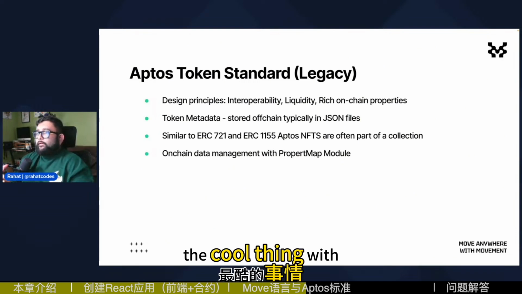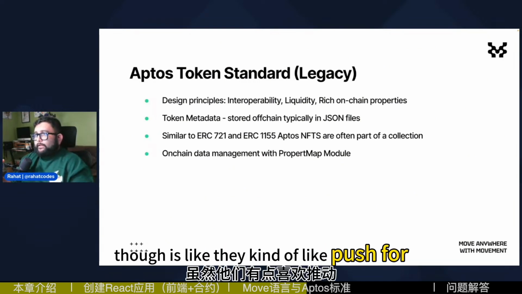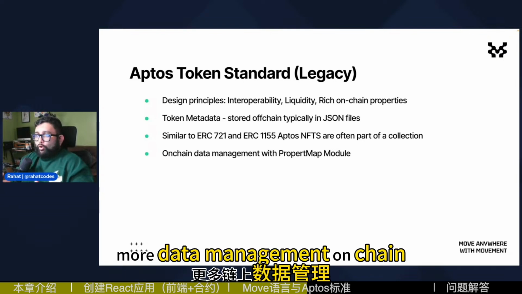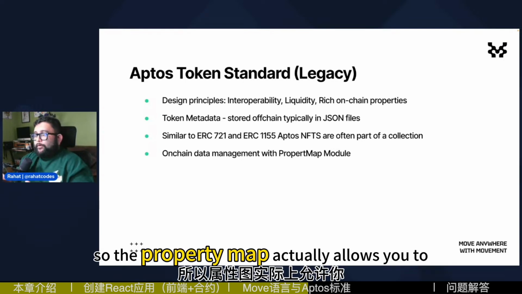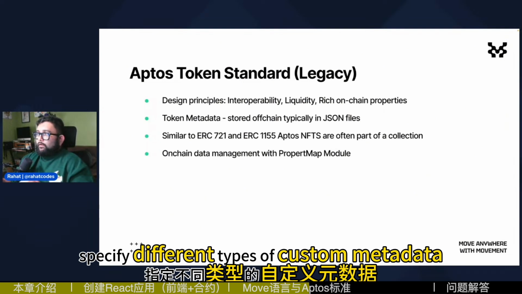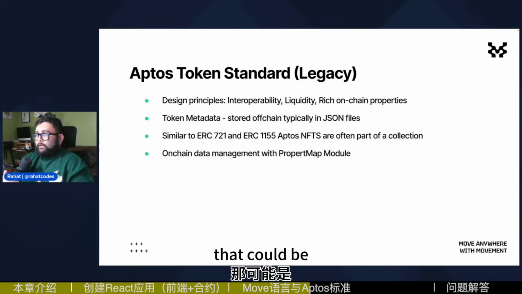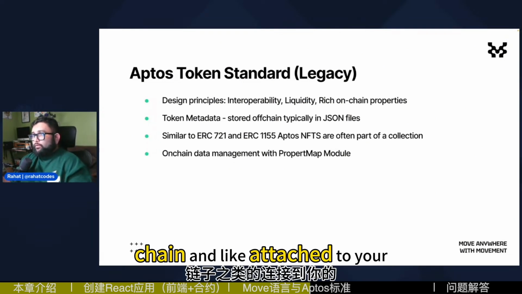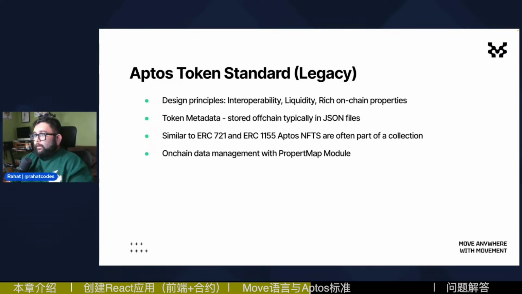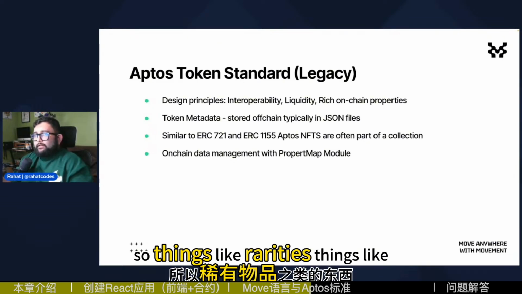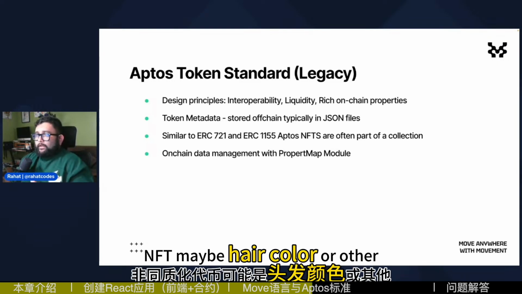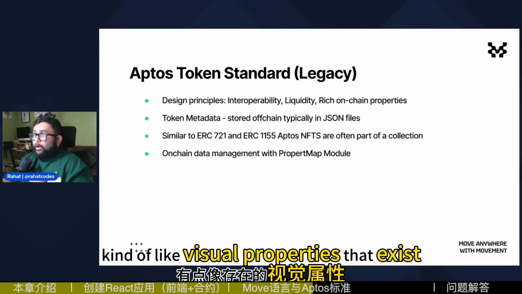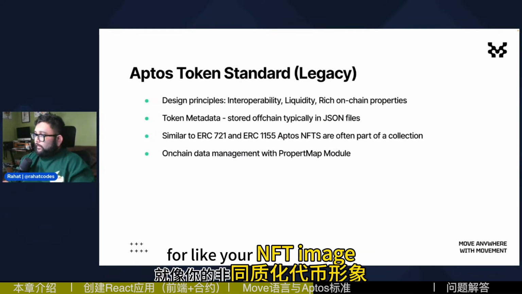The cool thing with the Aptos token standard though is that they push for more data management on chain using the property map module. The property map actually allows you to specify different types of custom metadata that could be on chain and attached to your NFT. So things like rarities, maybe a score, or different properties of your NFT, maybe hair color or other visual properties that exist for your NFT image.